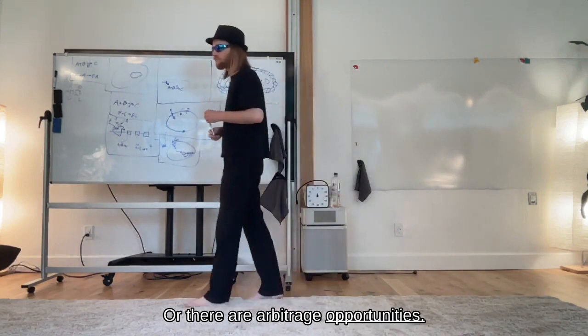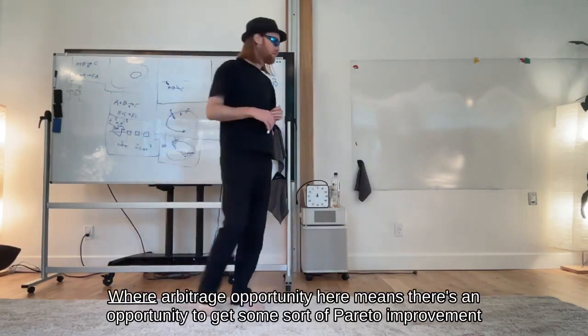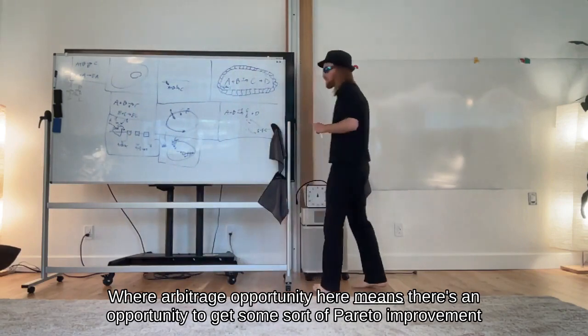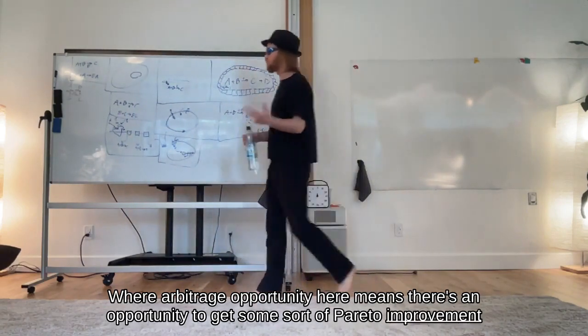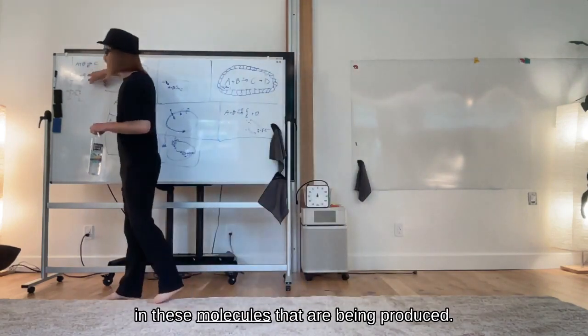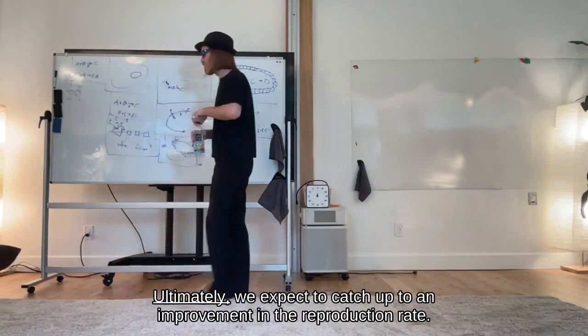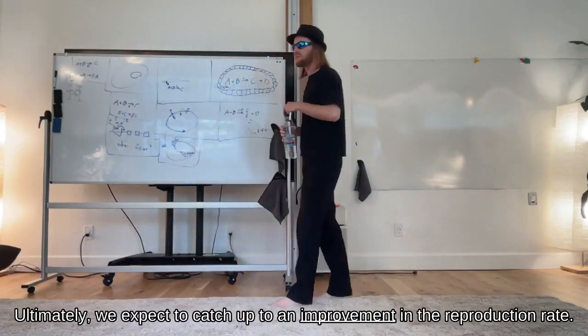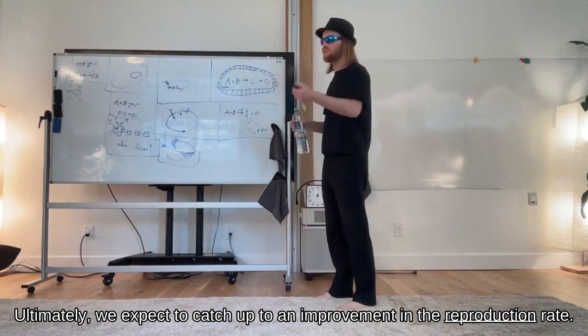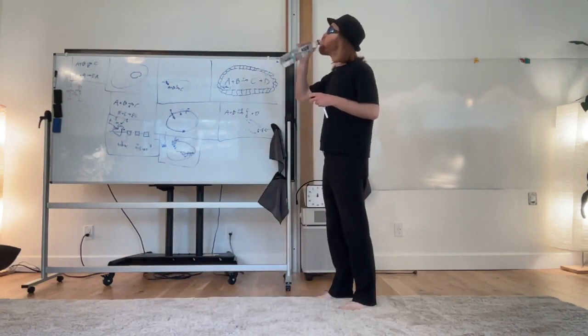Or there are arbitrage opportunities. Exactly. Where an arbitrage opportunity here means there's an opportunity to get some sort of Pareto improvement in these molecules that are being produced, which ultimately we expect to cash out to an improvement in the reproduction rate.